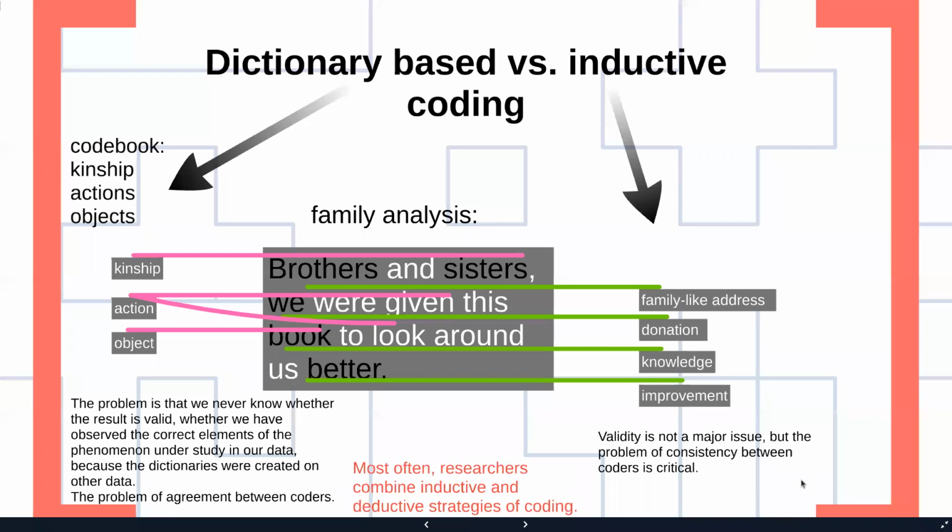For example, not using kinship, but using kinship-like phenomenon, and action would be differentiated into various codes, like donation and other types of action, and there could be a new category of improvement. So we can combine both in qualitative coding.